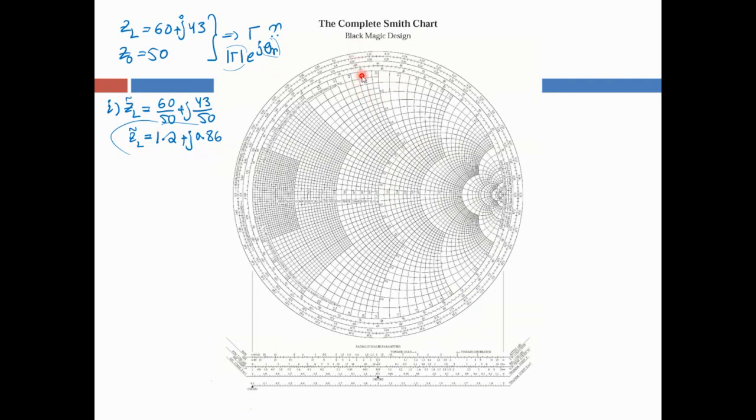So we go a little bit towards 0.9 because it is not 0.85, it is 0.86. It's difficult to see, but 0.9, 0.8. So over here, you just continue with this till you reach the circle of 2.